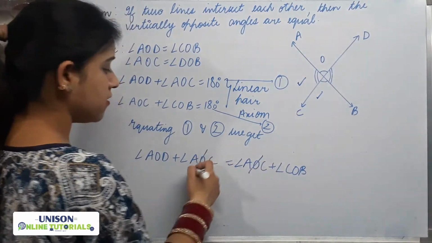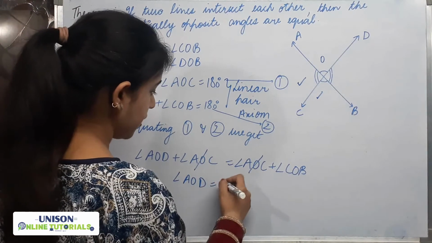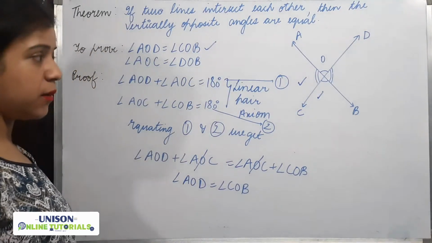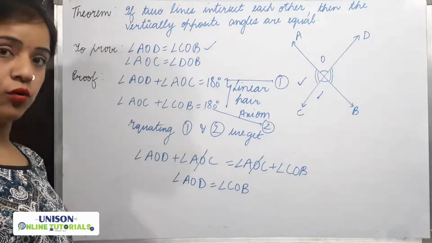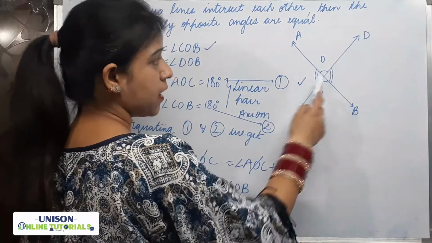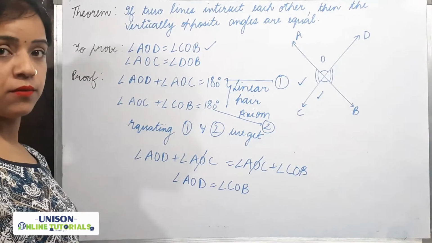Now these two angles cancel out. So we get angle AOD equals angle COB. Proved. Similarly, you can prove that angle AOC equals angle DOB. So we can say that when two lines intersect at a point, the pairs of vertically opposite angles are equal.